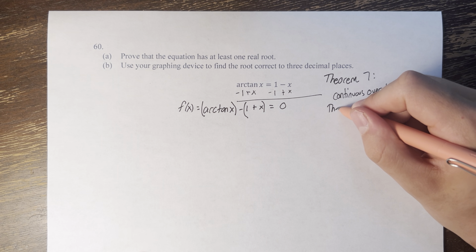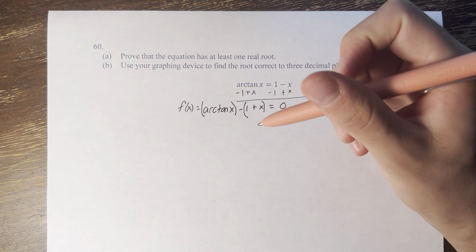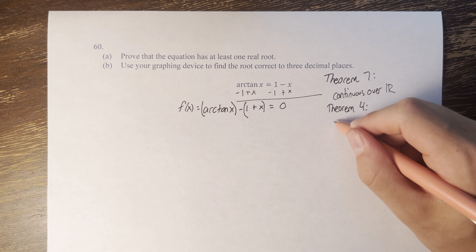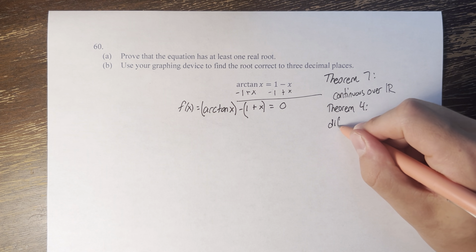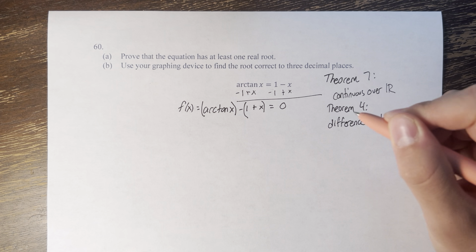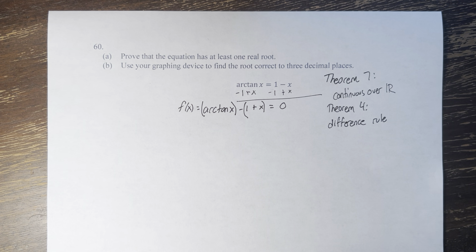And by theorem 4, we can say that their subtraction is also going to be continuous over all real numbers because the parts are. So what we can say is that f of x is continuous over all real numbers.